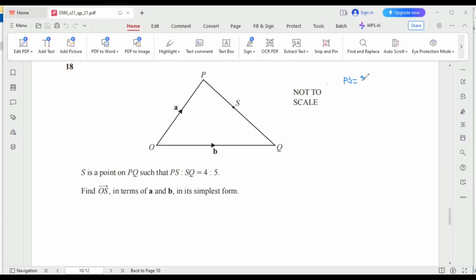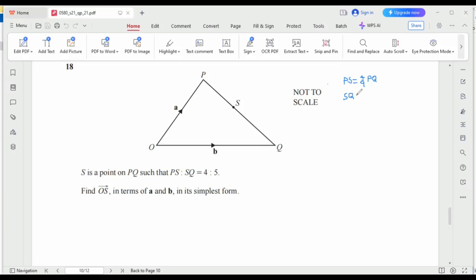Because PQ is divided into 9 parts and PS is 4 parts of the 9 parts, it's 4/9 of PQ. When you see a vector question with a ratio like this, just try and make the ratio make sense to you. And then, so we know PS is 4/9 of PQ, then SQ is also 4/9 PQ.